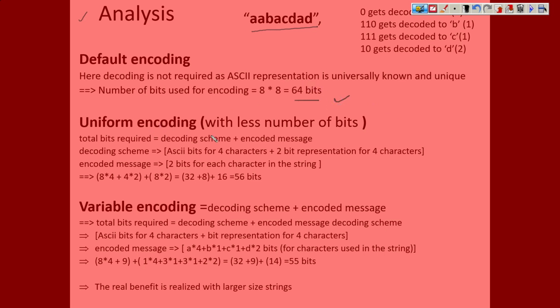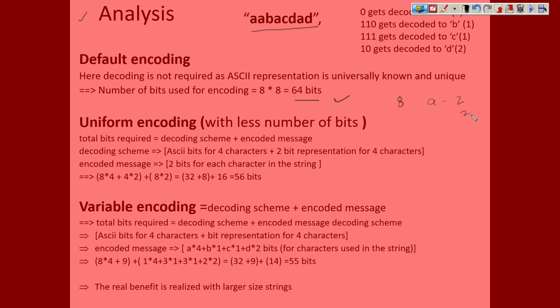Now let's look at the uniform encoding. Now here we are using less number of bits. So we have seen that 8 bits have been used to assign each character. But now, if we know in advance that the entire information that we want to store or that we want to transmit comprises of a defined set of symbols, let's say we only want to use A to Z. We are not using 1, 2, 3, 4 or any other symbol.